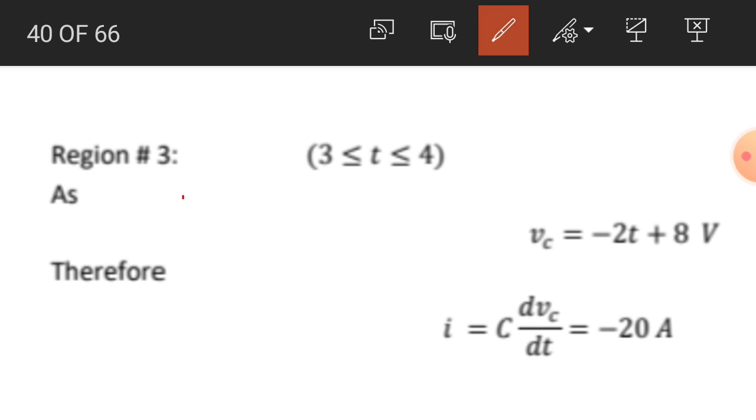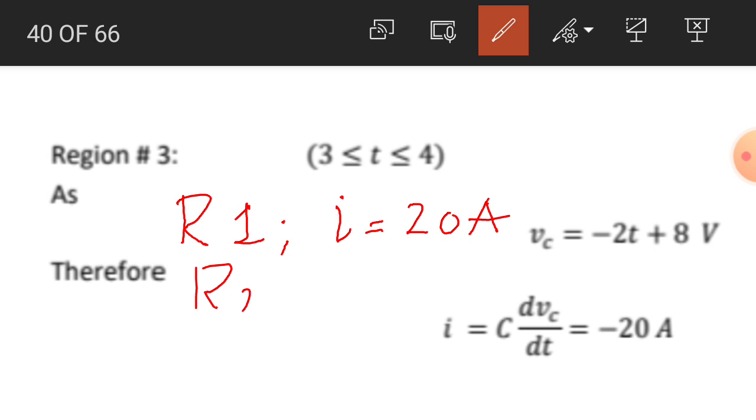We are going to sketch the current with respect to time. You see, in region number 1, the current is constant, which is 20 ampere. The current in region number 2 is constant as well, but this current is 0 ampere.